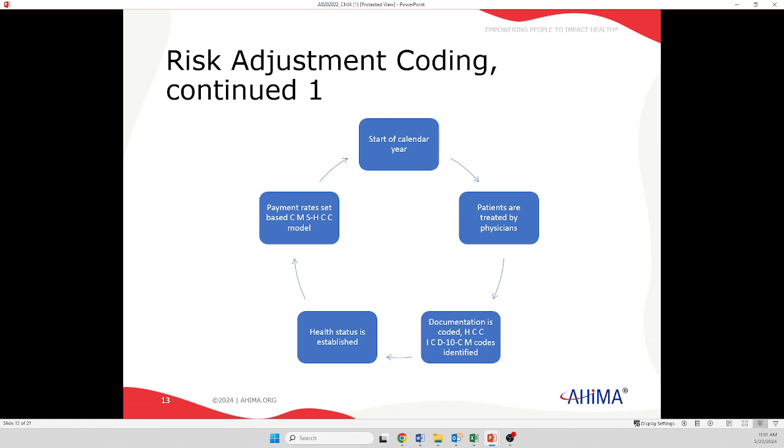So if you look at page 75 in your book, figure 4.7, it shows you a list of ICD-10 codes, and then it has HCC codes. And you will see that those codes are assigned risk scores.